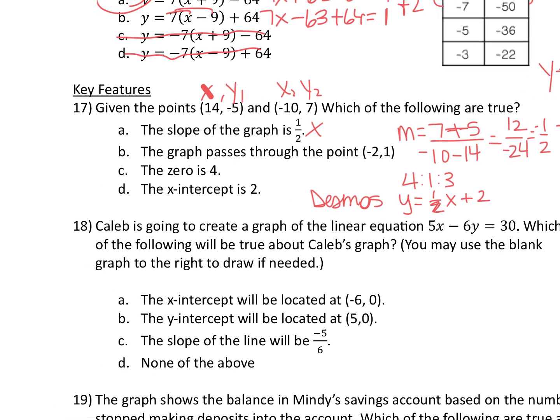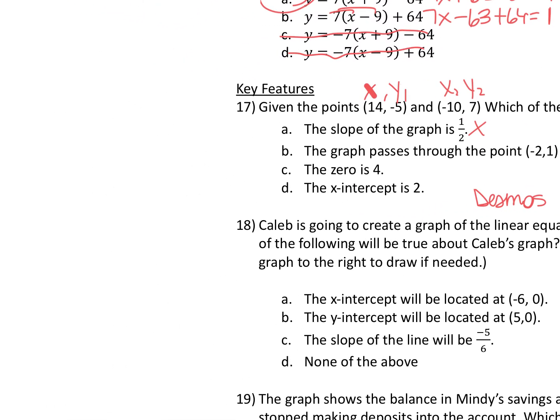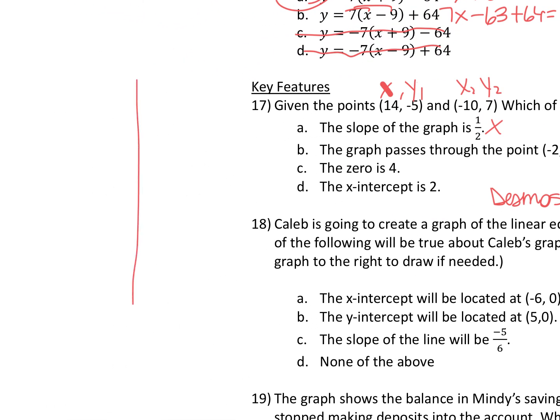My graph over here does not go high enough, so I'm just going to sketch a little graph for you over here so you can kind of see. 14, negative 5 would be down here. Negative 10, positive 7 would be up here. Pretend that was a straight line.